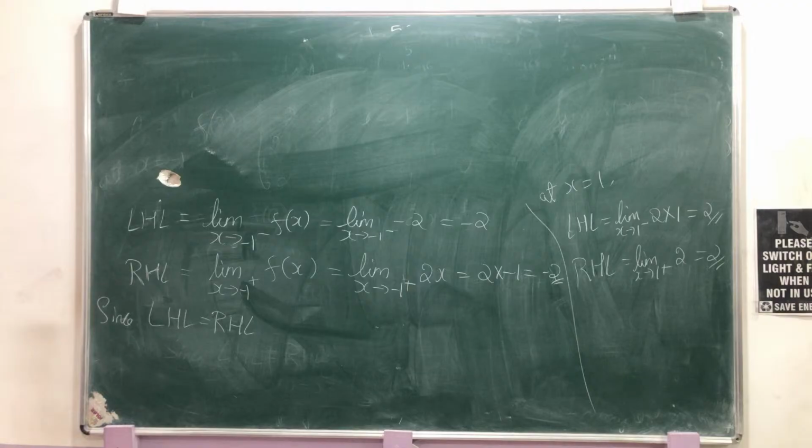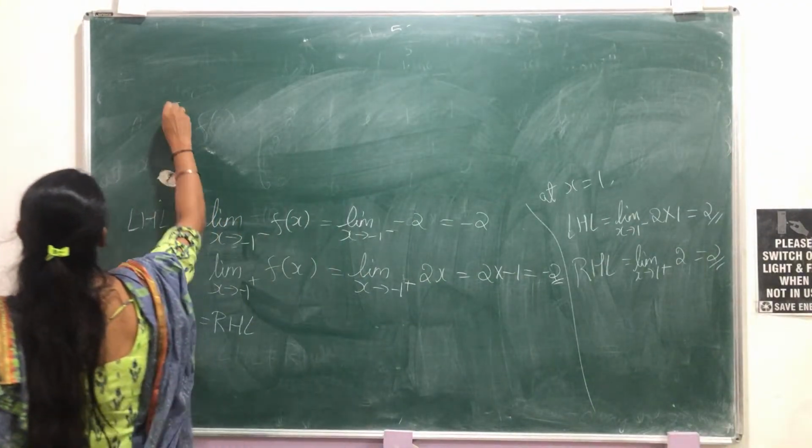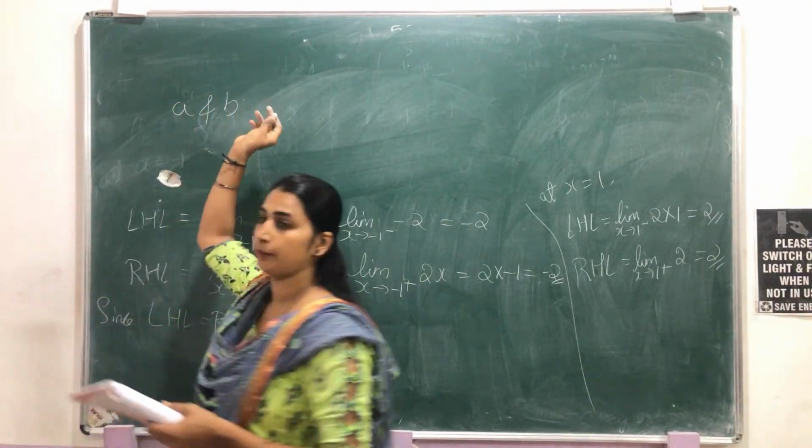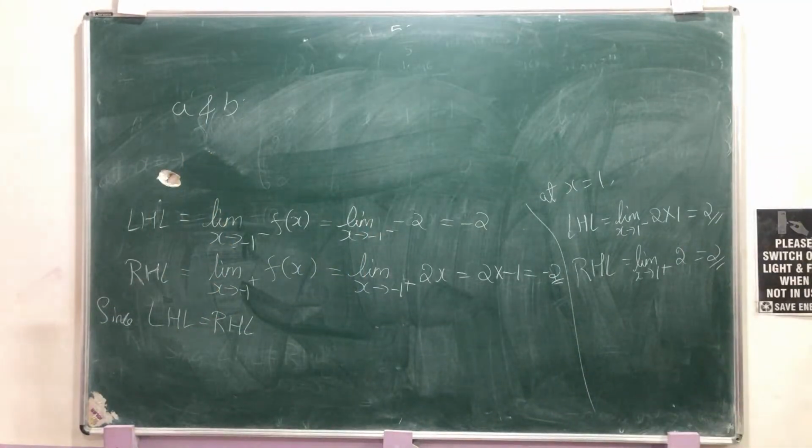Find the relationship between A and B. But differentiation is very important. Differentiation, in every category it will come: 2 mark, 3 mark, 5 mark, 6 mark. 6 mark for midterm you can expect. For final exam there is no 6 mark from differentiation.